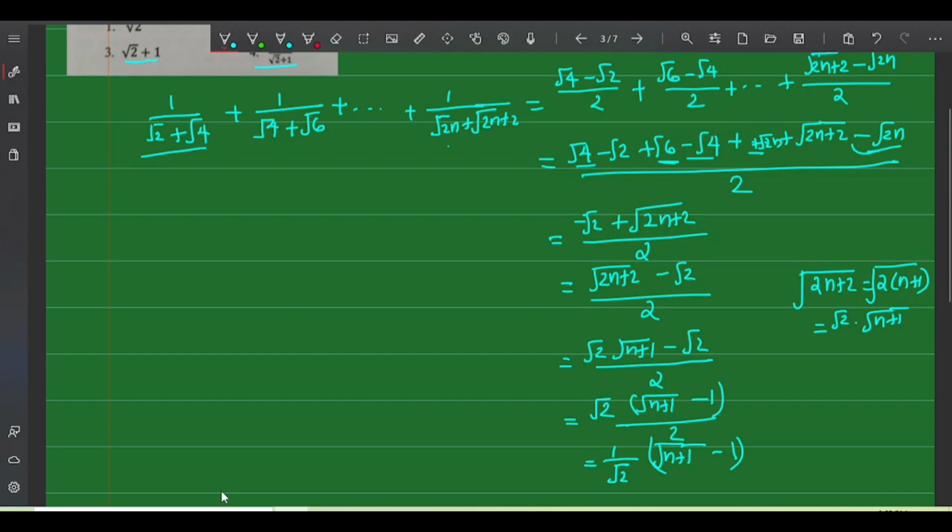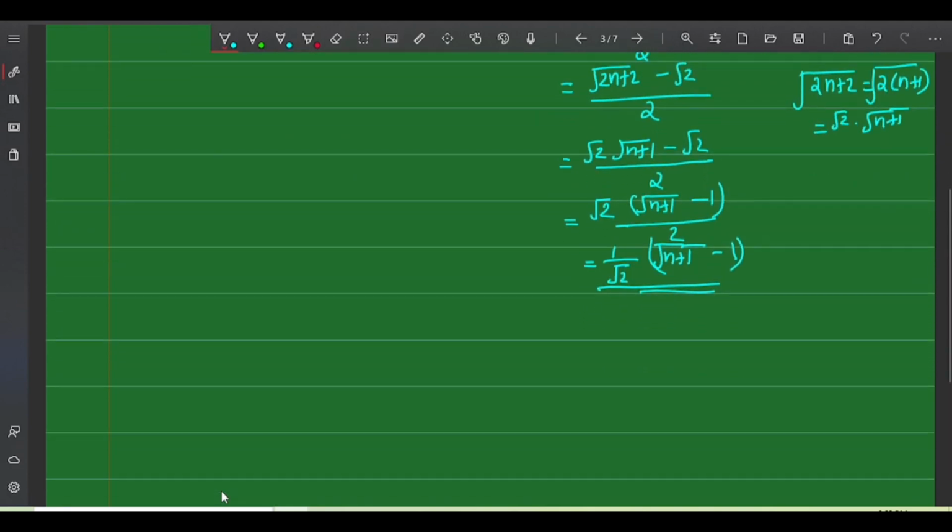Here 1 by (root 2 plus root 4) plus 1 by (root 4 plus root 6) plus etc. plus 1 by (root 2n plus root (2n plus 2)) is equal to 1 by root 2 into (root (n plus 1) minus 1).